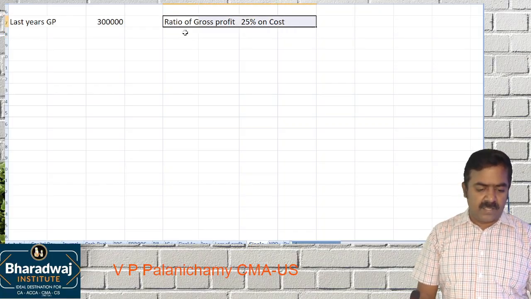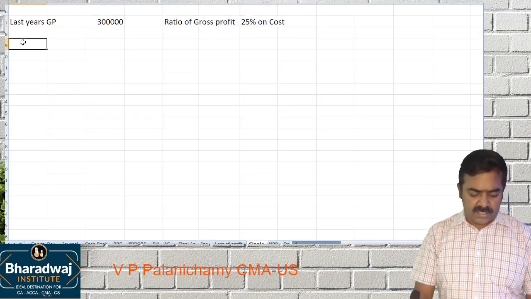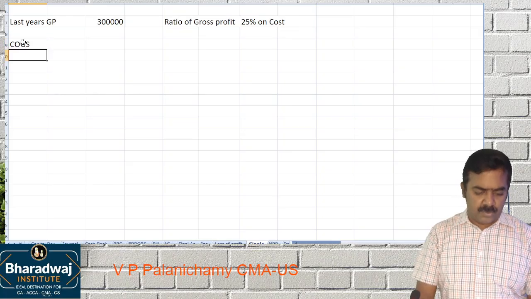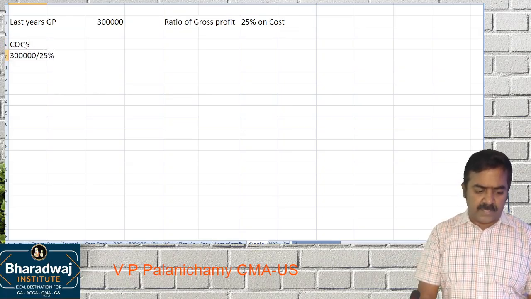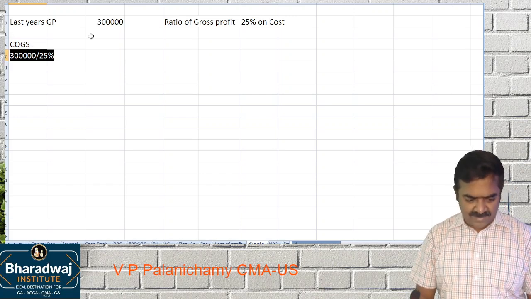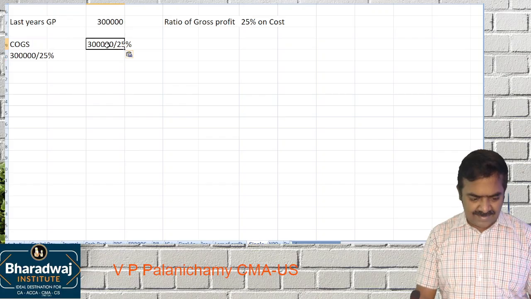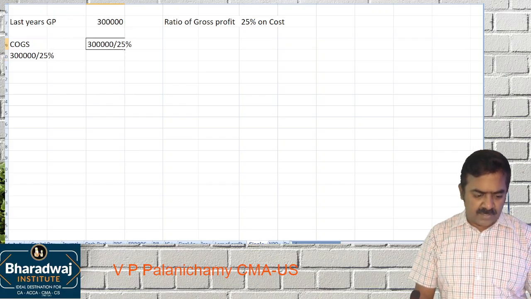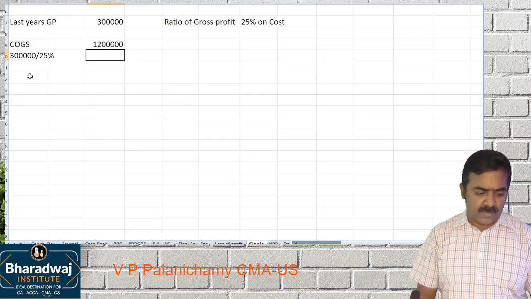So, what will be the cost? If 3 lakhs is 25% on cost, cost of goods would have been 3 lakhs divided by 25%. Listen. 3 lakhs, if it is 25%, what is the cost? 12 lakhs.